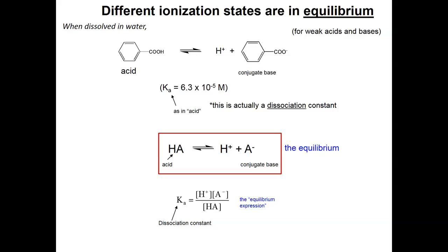So it will give out the proton, and you have what's called the conjugate base, which is the ionic form of the molecule, which is negative here. So this is a conjugate base, and this is your proton. You have a dissociation.